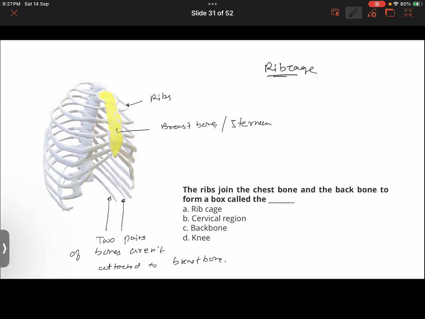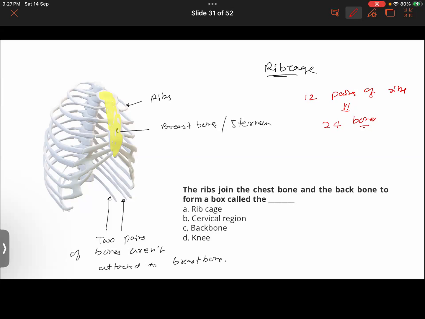Okay, now? So how many bones are there in the rib cage? There are 12 pairs of ribs. So that amounts to 24 bones in the rib cage. There are 24 bones in the rib cage.